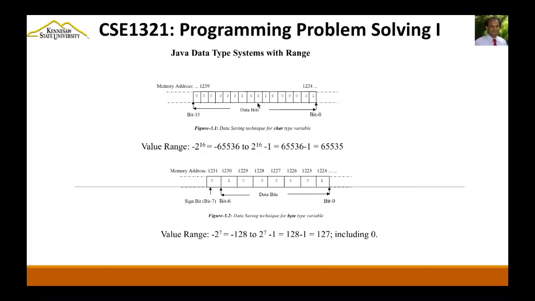A's position in the ASCII chart is 65. Everyone knows about ASCII code, right? That means when we type in A, it internally converts into 65 in binary.